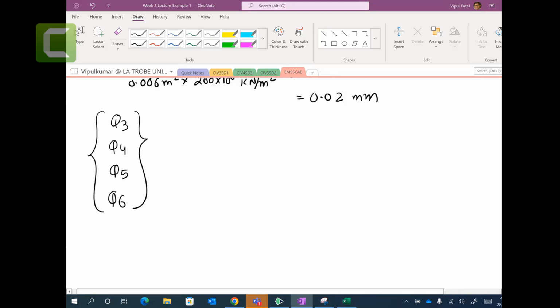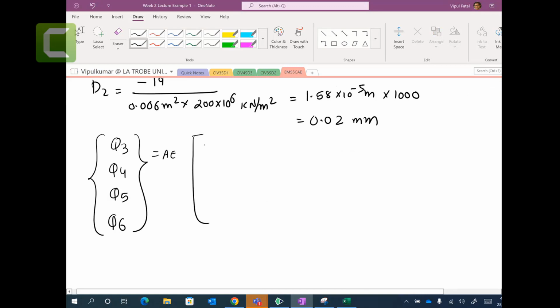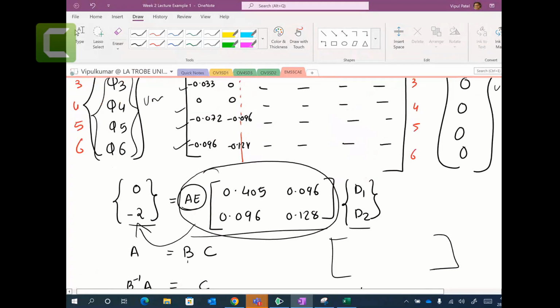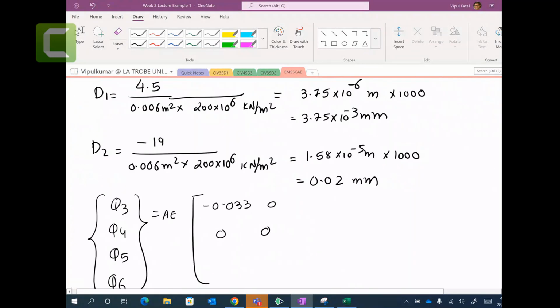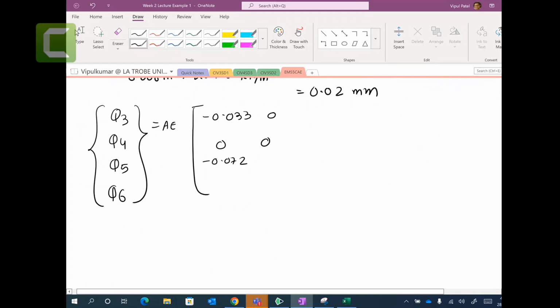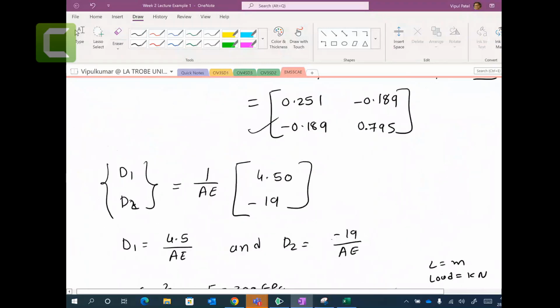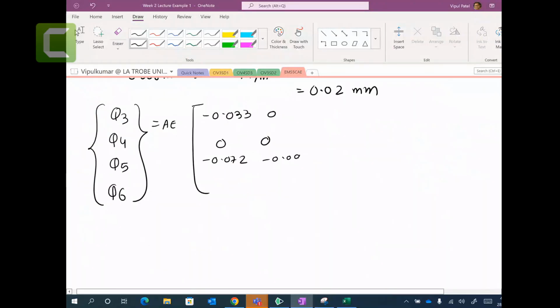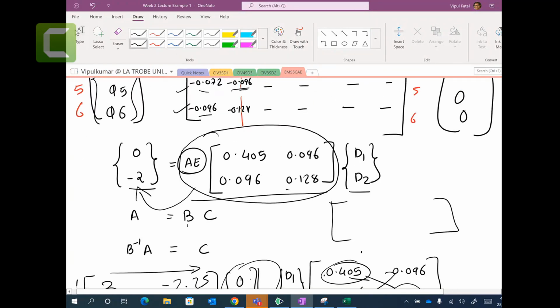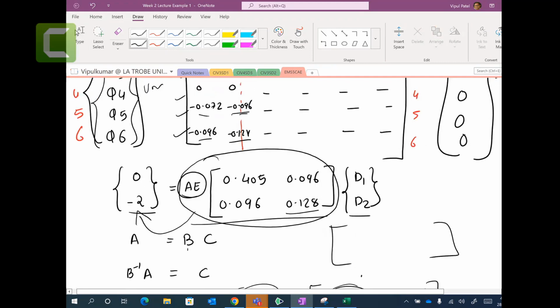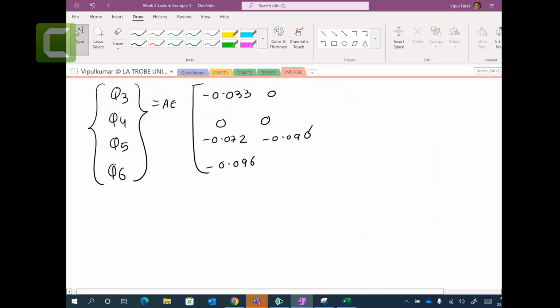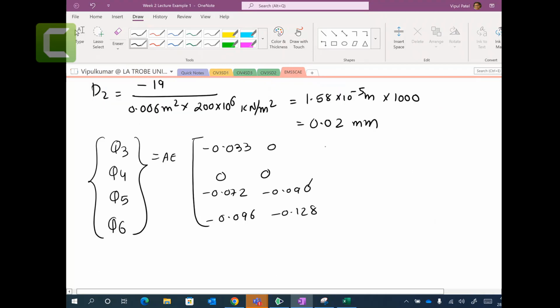Minus 0.033 E, minus 0.033, 0, 0, and you're going to write minus 0.072. 0.096, minus 0.096, minus 0.096, and minus 0.128, minus 0.128, and you have D1 and D2.